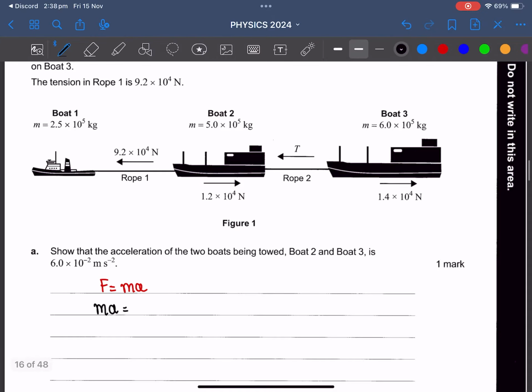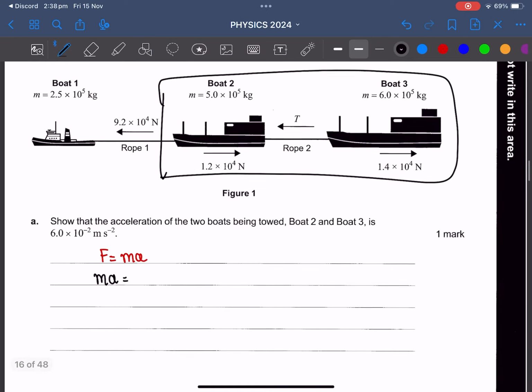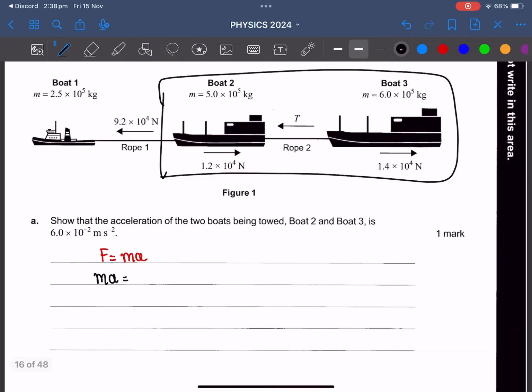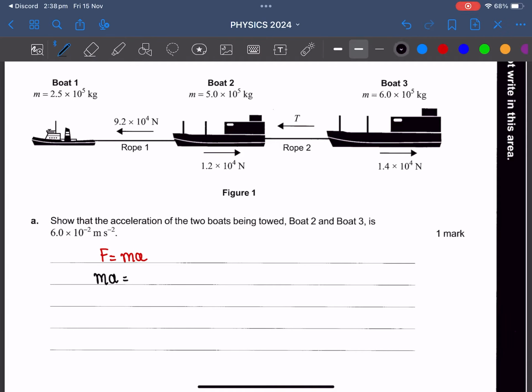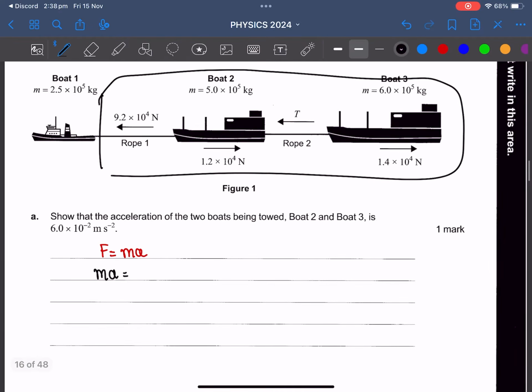So just imagine that we are only looking at this part over here, and of course also the rope, all of this over here. Our mass, which is the m over here, is just going to be the mass of the two ships added together.